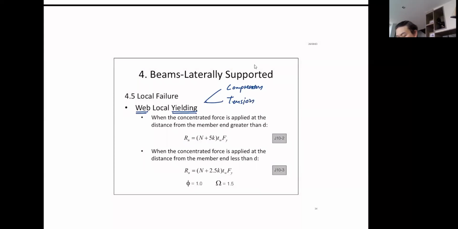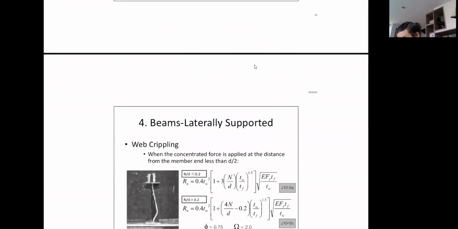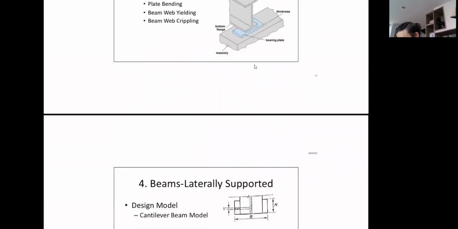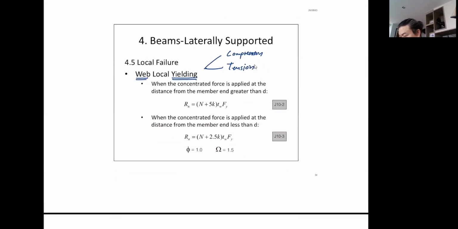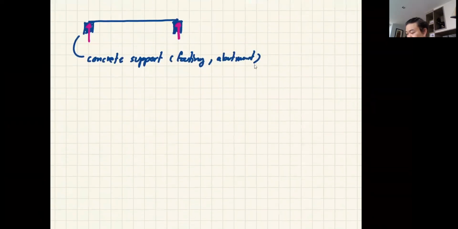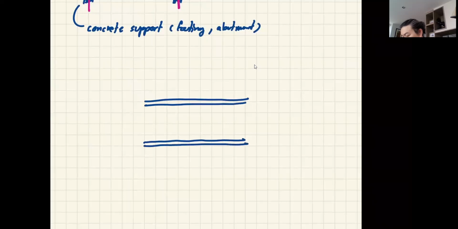Now there is a good mechanism that we can look at to understand what's going on. I don't have the picture here, so I'm just going to have to draw it again. So the first one, web local yield. Let's say this is your beam, and you now have the concentrated load or point load applied.